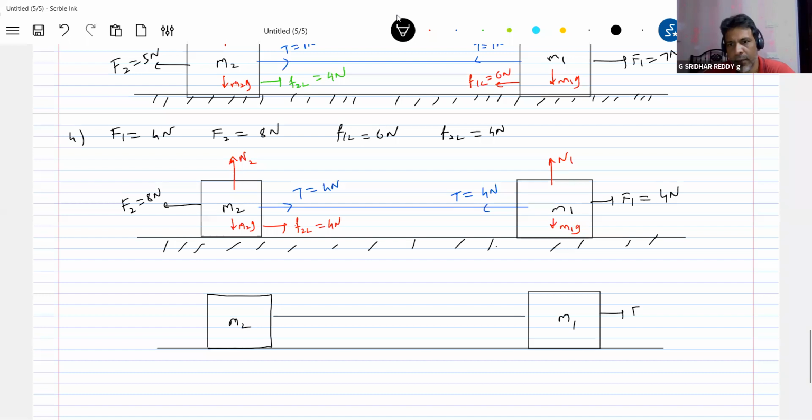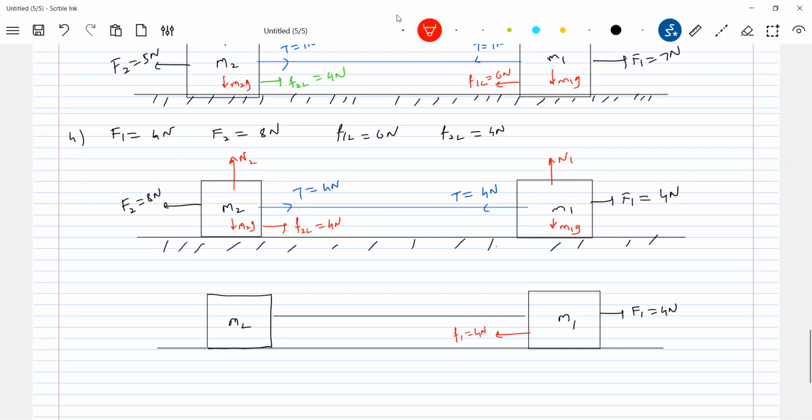I applied a force of 4 Newton. So why don't you start directly with the 4 Newton you applied? Then the friction acting here, let it be static friction, 4 Newton. Then the tension will be 0. Because the string will be taut only when the applied force is more than the limiting friction, 6 Newton. So tension will not be there.